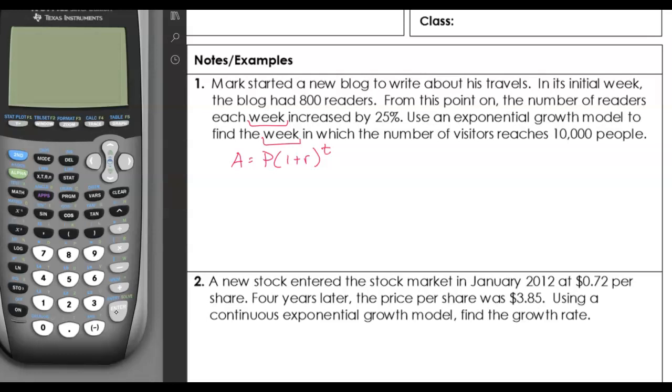So my initial amount here is 800. My rate is 0.25. And t is my time. Now, where does that 10,000 go? I have an extra number here that I have not put in my formula. Where does that 10,000 go?